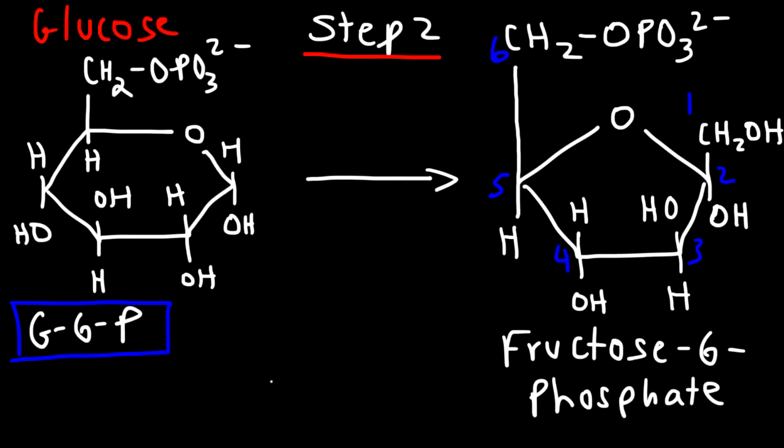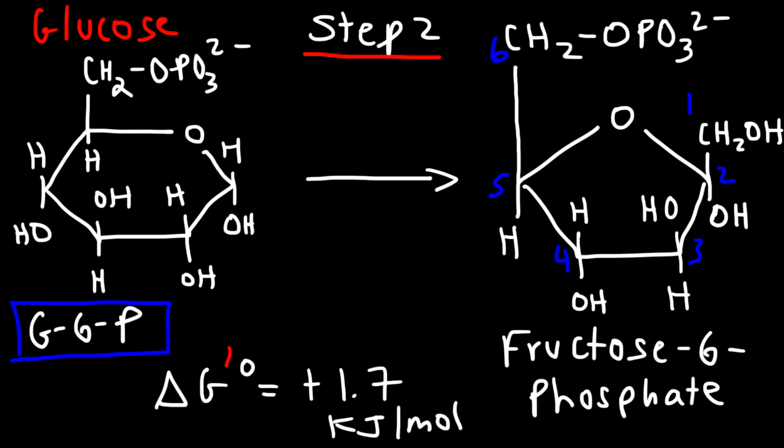Now the delta G value for this particular reaction, the biochemical delta G value, is positive 1.7 kilojoules per mole. So based on that value, would you say that this particular reaction is reversible or irreversible?